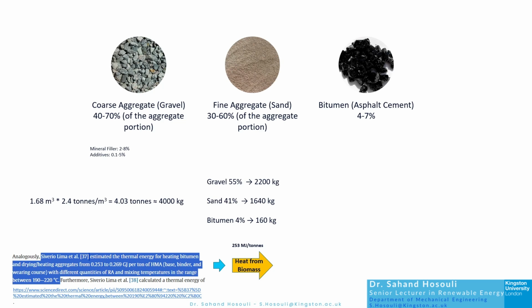The gravel is going to be 55% of the weight, 41% is going to be sand, and bitumen is going to be just 4%. If I apply these percentages to the 4,000 kilos, I have 2,200 kilos of gravel, 1,640 kilos of sand, and 160 kilos of bitumen. So now I know my case.